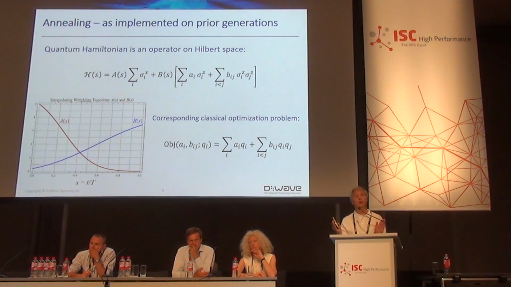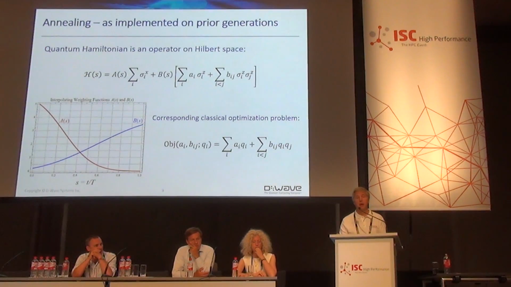And that's as we go through our annealing cycle, which has a duration typically of around 20 microseconds. And as Crystal pointed out, the reason we architect our system this way is so that the optimization problem that you see on the bottom of the slide can be solved by using this adiabatic process. So this is the fundamental working model of the system.